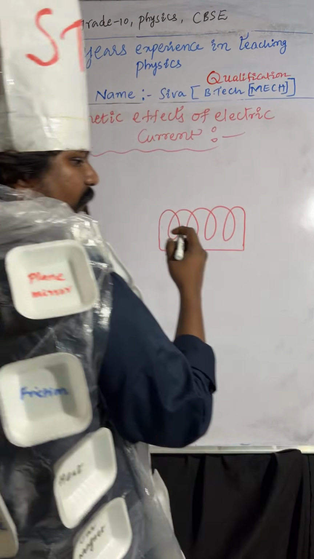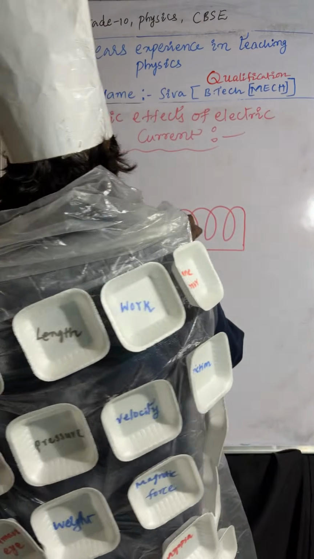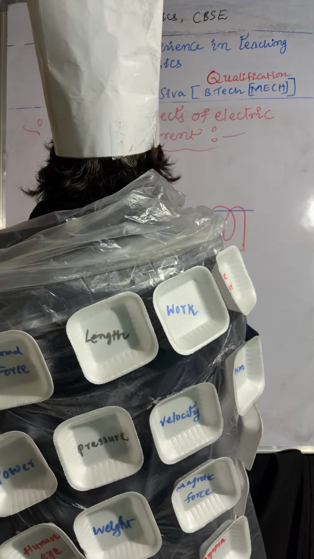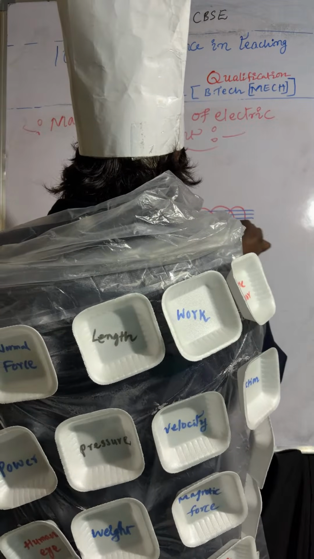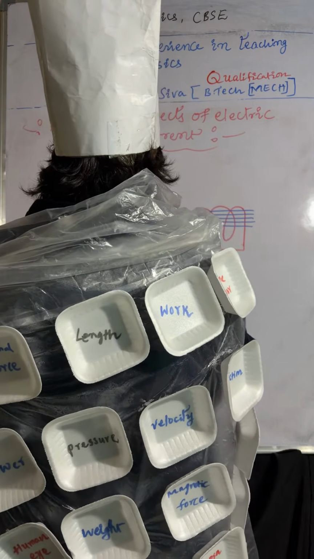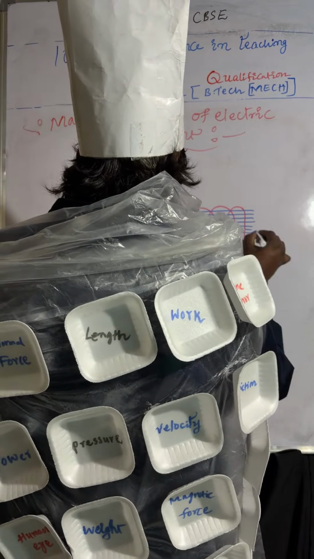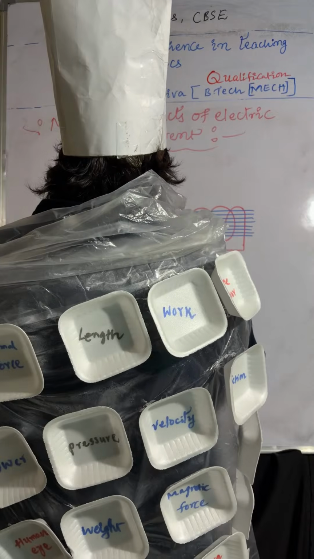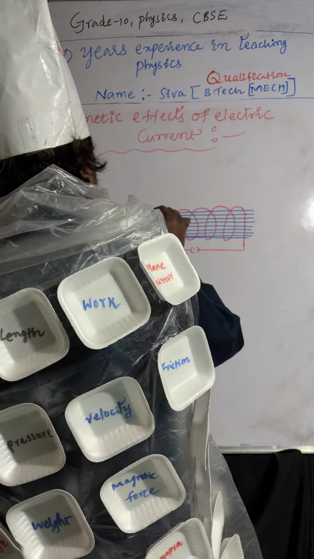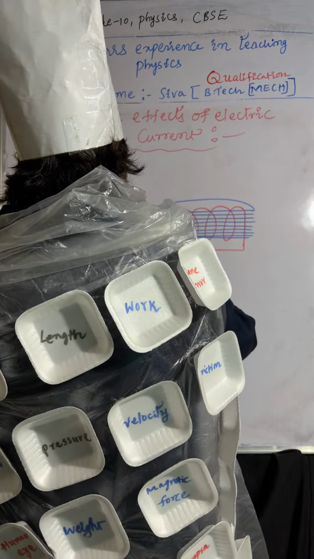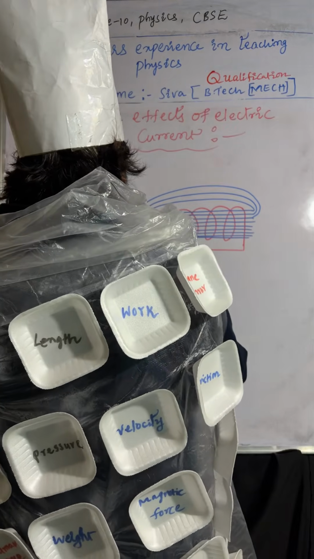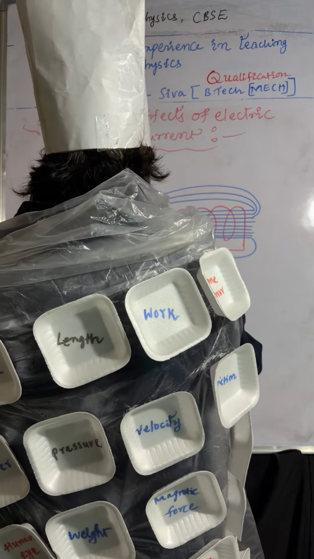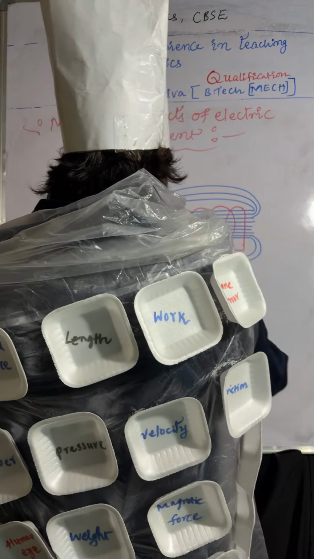This is for CBSE grade 10 physics. So 1, 2, 3, 4, 5, 6, 7, 8 and 9. So these are 9 lines. 3 lines, 1, 2 and 3, and coming to 3 lines below, 1, 2 and 3.